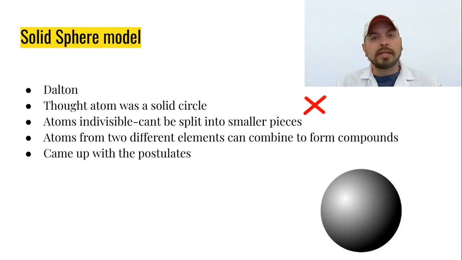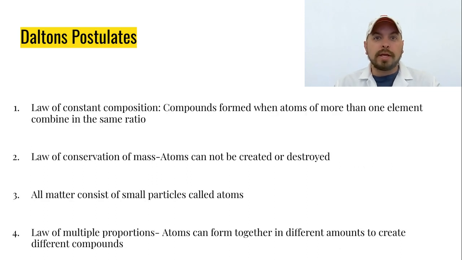After the Greeks, the next big step in the atomic model was in Dalton's era, and Dalton postulated the law of constant composition, which is considering that every compound must be made of the same types of elements. So all water molecules, for instance, must be made of 2 hydrogen atoms and 1 oxygen atom.